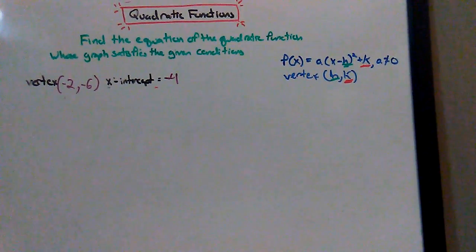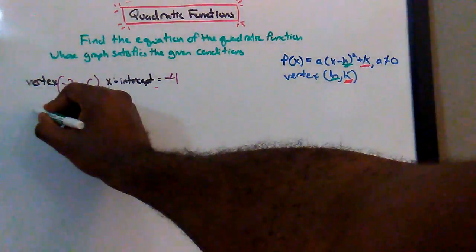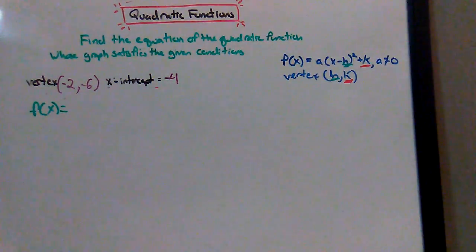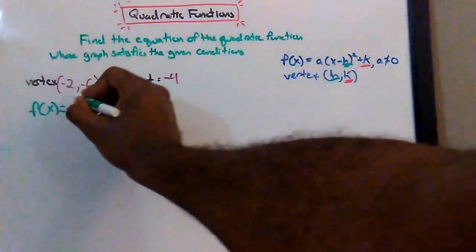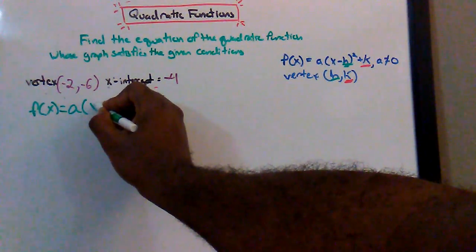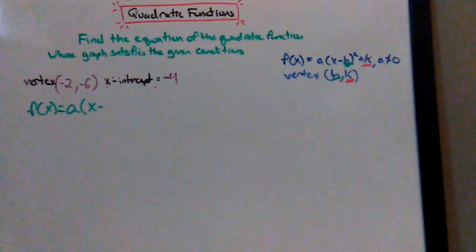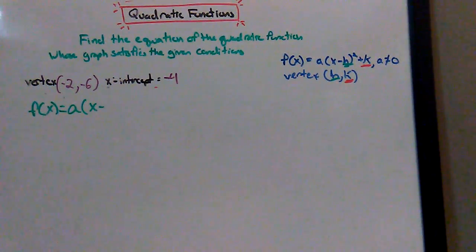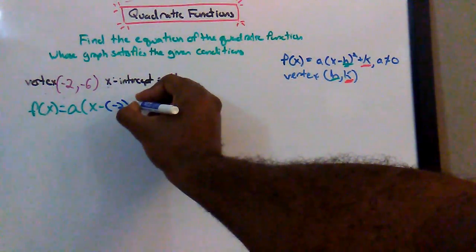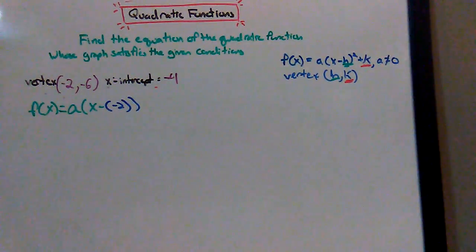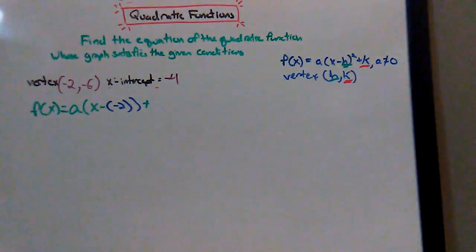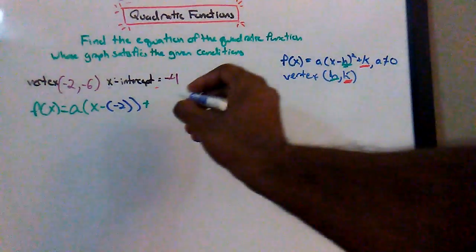So f of x is equal to a, because we don't know a right now, (x minus, what is our h? Our h is -2), plus k, what's our k? Our k is -6.